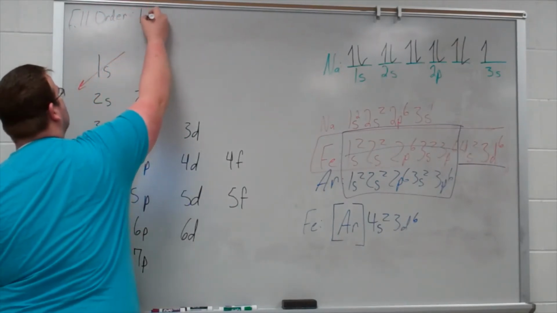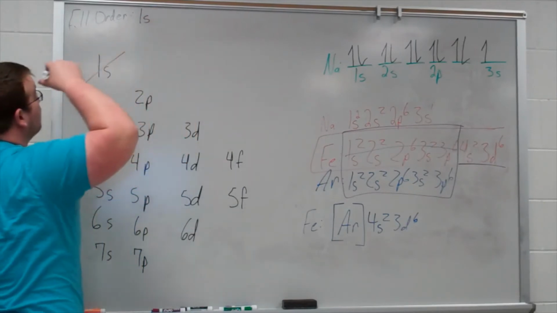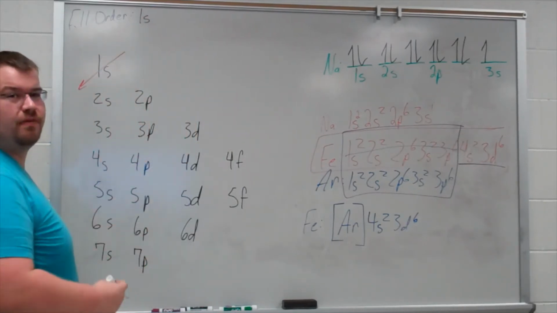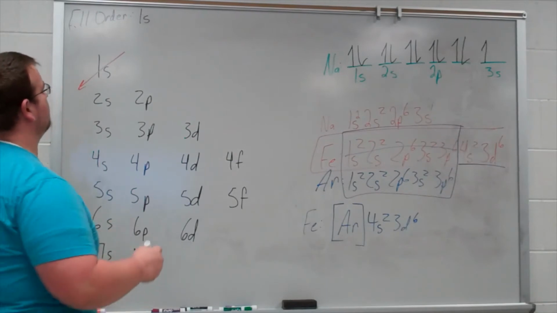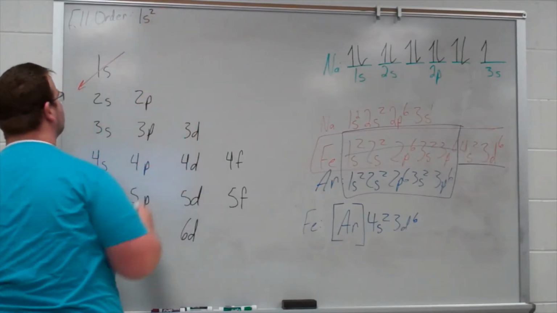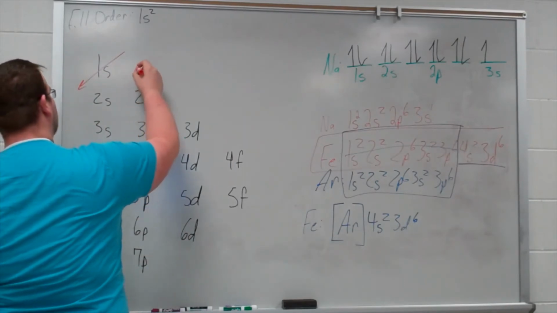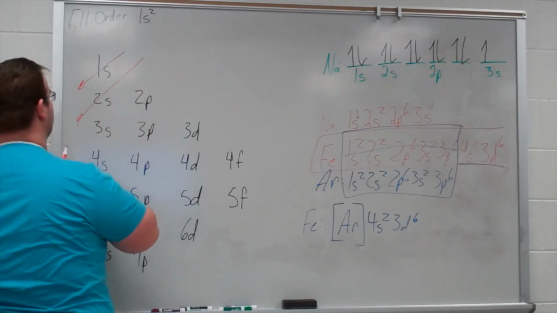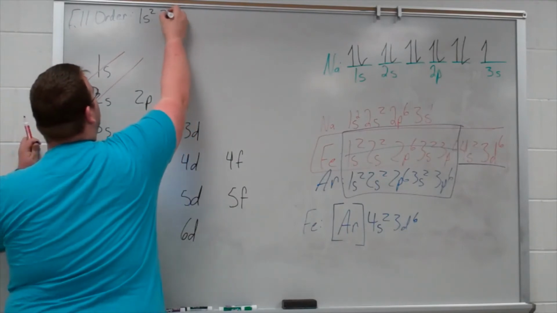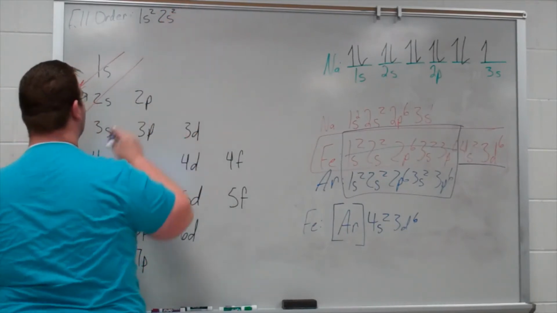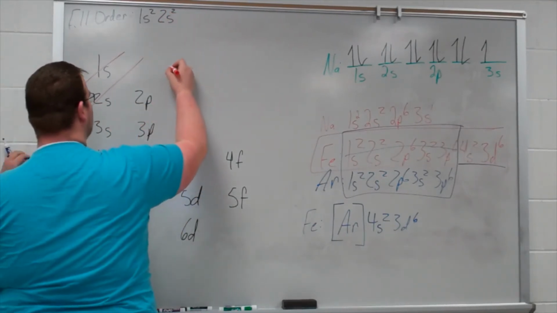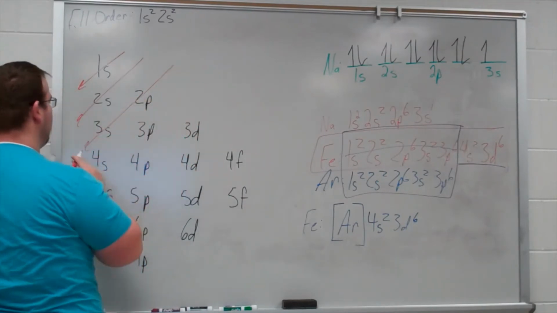So we go 1S. I'm actually going to put the exponential value to it. I'll show you here in a little bit how you get this. So 1S2. Then we go from 1S, draw an arrow, and go through 2S, so 2S2. Now we come over here, draw again: 2P and 3S.